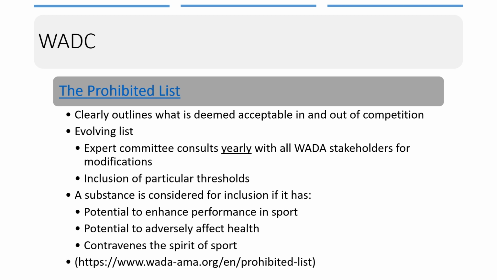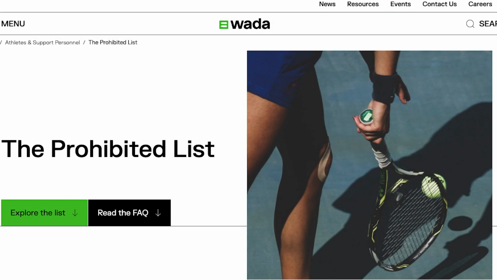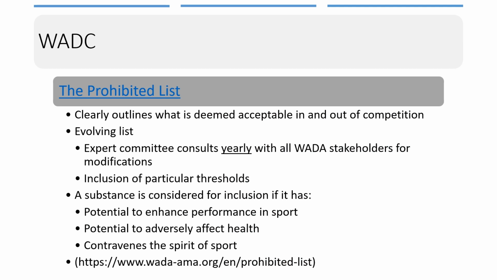Now first, let's look at the WADC prohibited list. It serves as a clear guide, indicating which substances and methods are prohibited both in and out of competition. The list is dynamic, meaning it's always changing and subject to evolution, as an expert committee engages annually with all stakeholders of WADA to deliberate modifications.